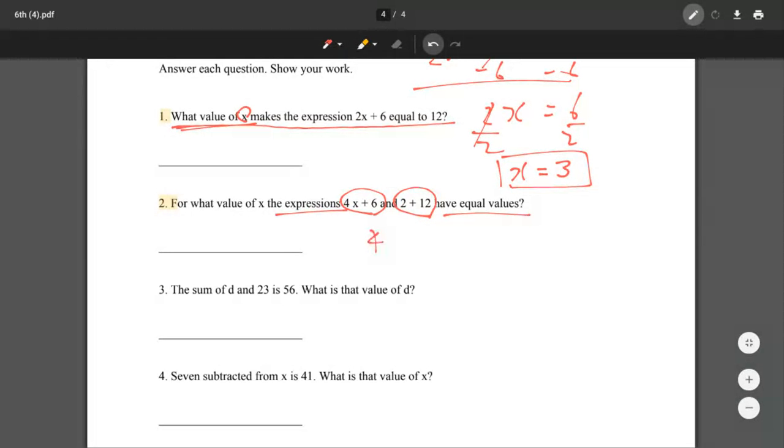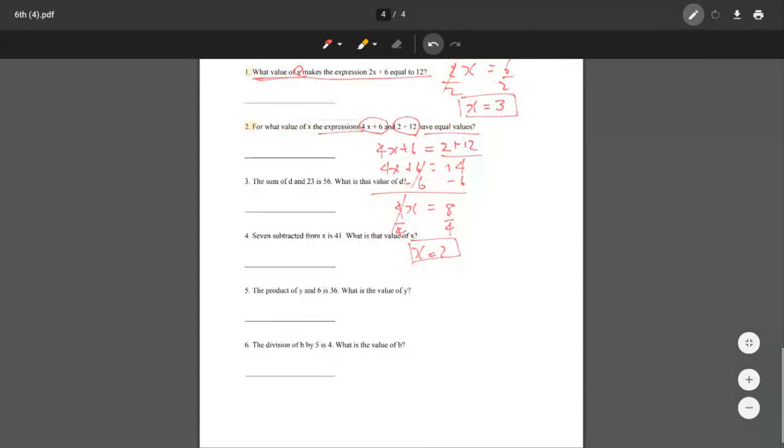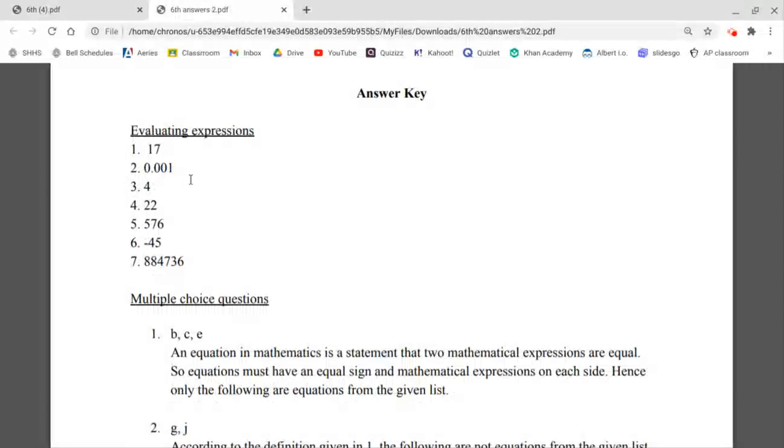Well, again, we're going to set those two expressions equal to each other. 4x plus 6 equals 2 plus 12, okay, and then we could simplify that as 14, right, and then we're going to subtract 6 on each side, and then we get 4x equals 8, divide by 4, and then x equals 2. Okay, so that's it. Finish this page, and here's your answers.